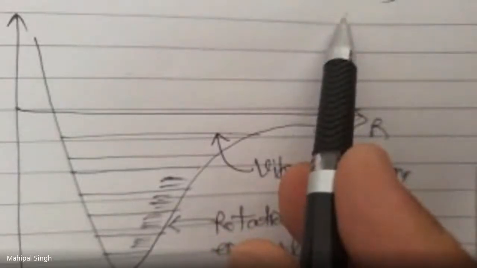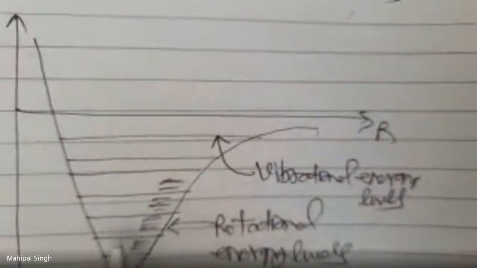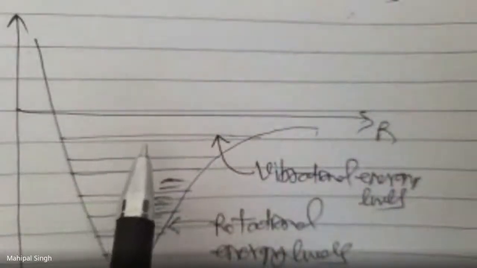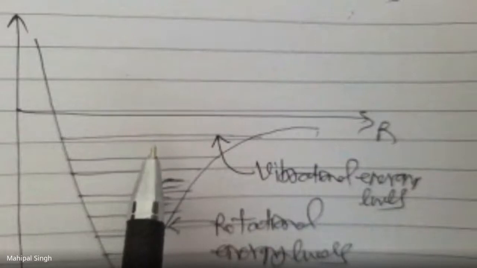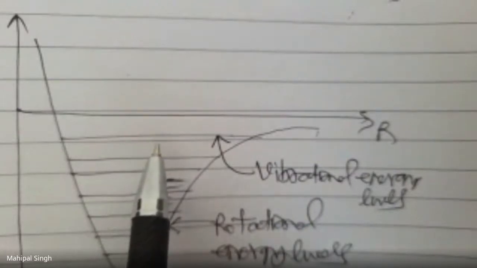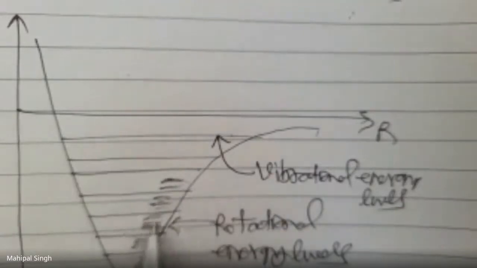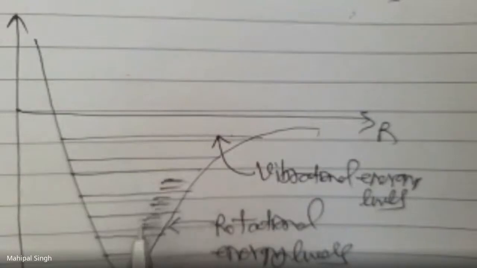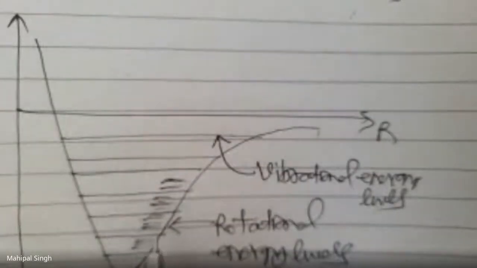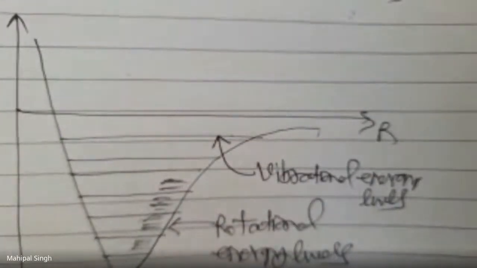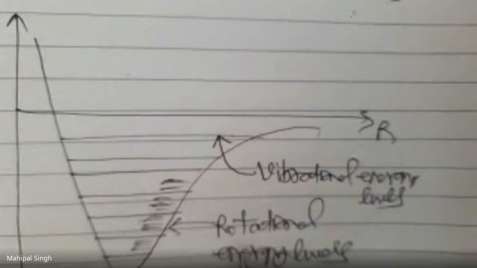The energy well is wider than the parabola for the higher Evs, and therefore these energy levels are closer together than the lower energy values of Ev. This diagram also shows the fine structure in the vibrational levels caused by the simultaneous excitation of rotational levels.